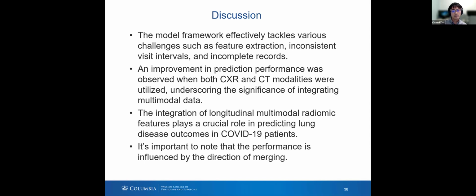And the integration of longitudinal multimodal radiomic features plays a crucial role in predicting lung disease outcomes in COVID-19 patients. And we also found that the performance is influenced by the direction of integration.